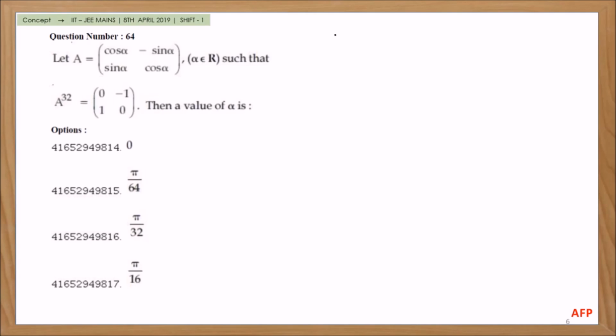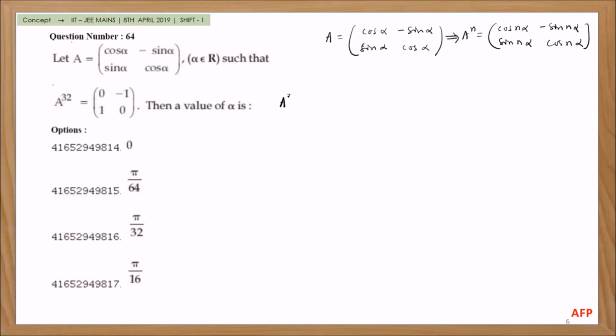Okay, so in NCERT we have, if A is equal to cos alpha, minus sin alpha, sin alpha, cos alpha, this implies A raised to n is equal to cos n alpha, minus sin n alpha, sin n alpha, cos n alpha. So this is the standard problem in the NCERT textbook. Here we will use this standard problem concept to find the value of alpha.